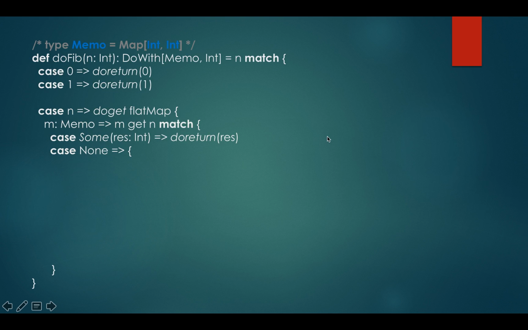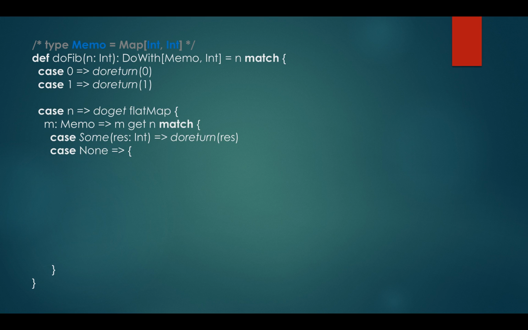For the code, the base case, of course, will be do return 0 or do return 1 according to the do rule. The general case is what we need to implement. So we call do get first to get the memory, and we try to get n from the memory. For those who are familiar with a language like C, this is like fetching the nth value from the array m.